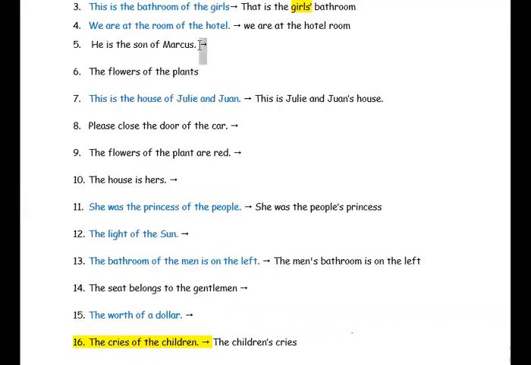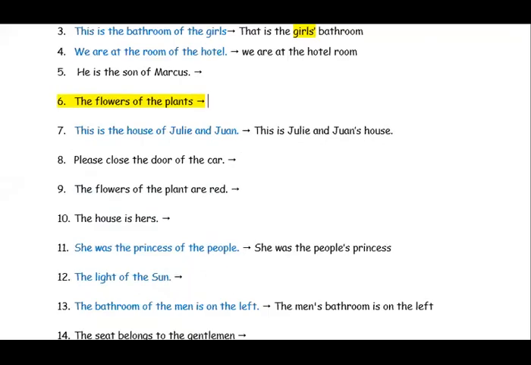The flowers of the plants. Plants is plural, so how do we write that? And it's a plural that ends with S. It's not a plural that ends with N. I'm just highlighting it so you know where I've written it. The flowers of the plants.